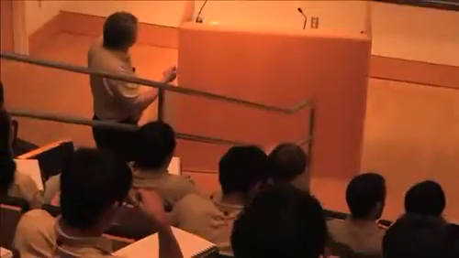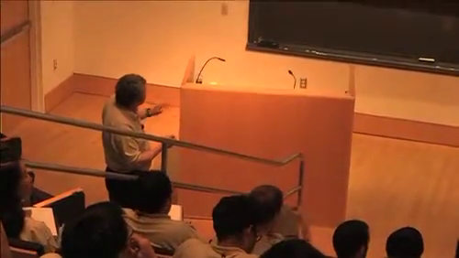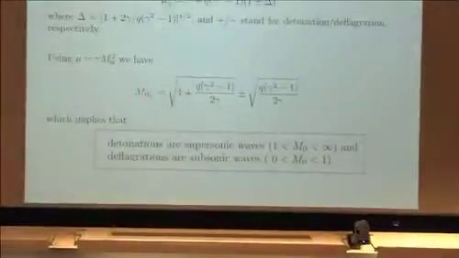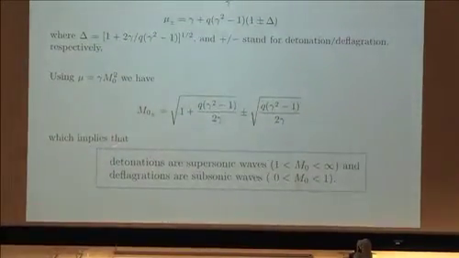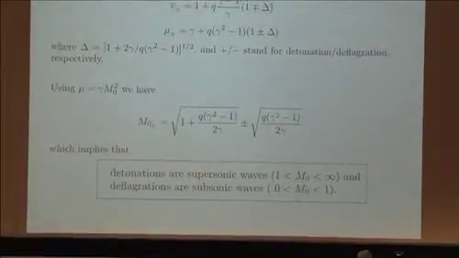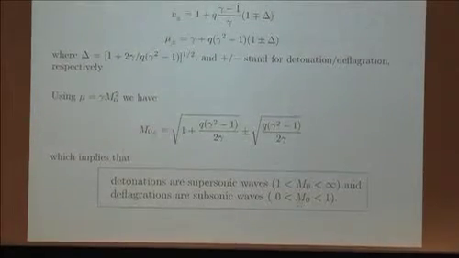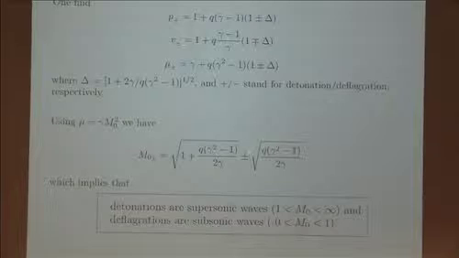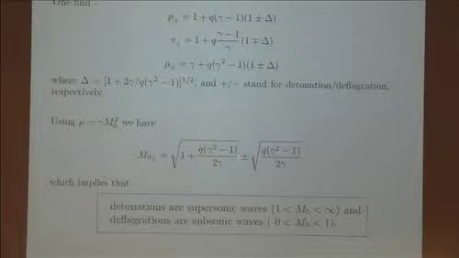So anyway, the summary, and I again don't want to go through all these details, is that here it is. Here is the upstream Mach number, M naught, which of course gives you also the velocity upstream, which is V naught. So it tells you the velocity of the wave. The plus corresponds to detonation, the minus to deflagration.